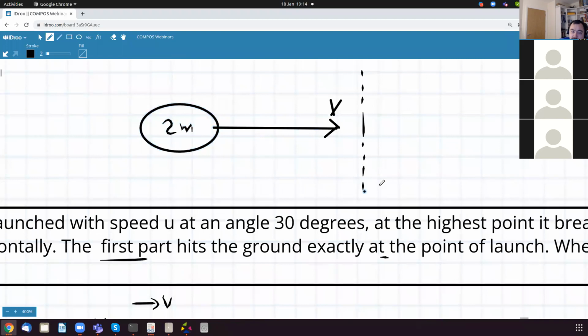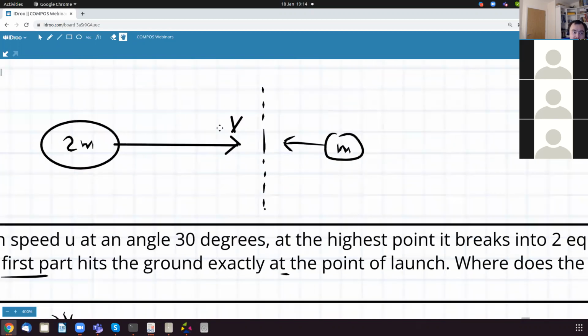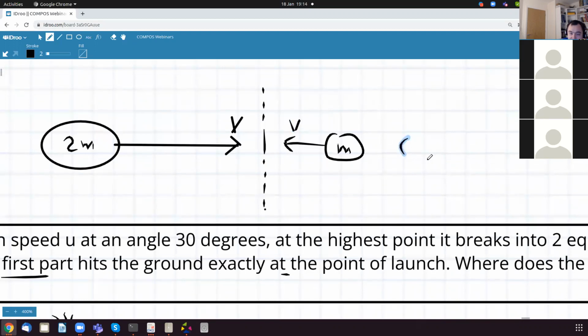It breaks into two, and we have a projectile of mass m traveling backwards with speed v, so minus v, and another one traveling at velocity x, for example.